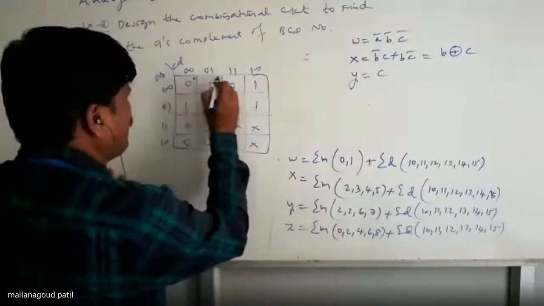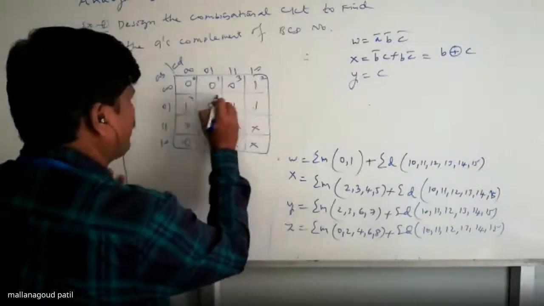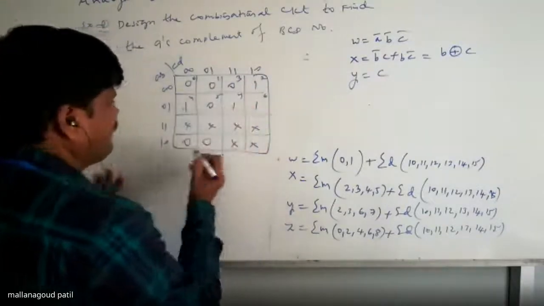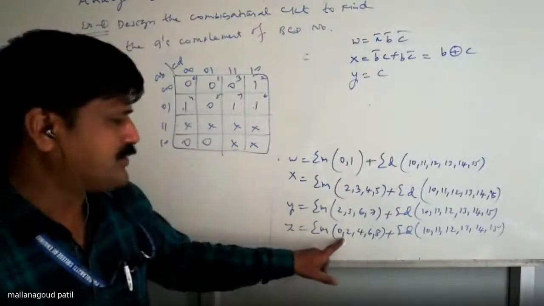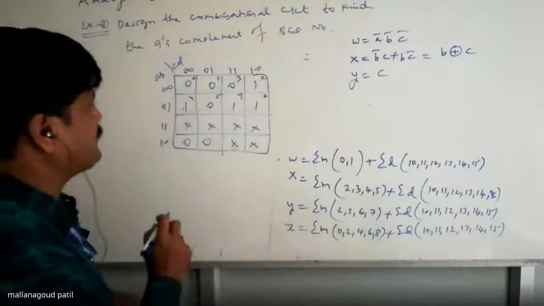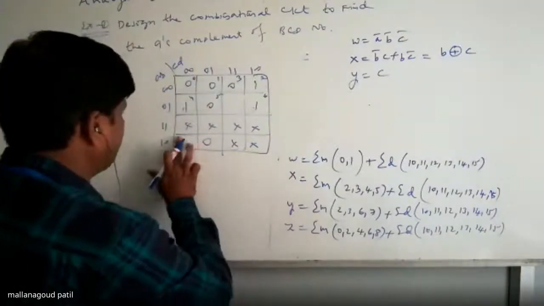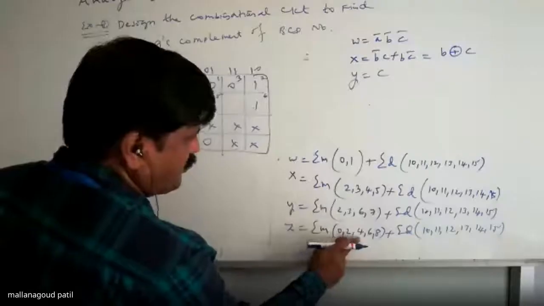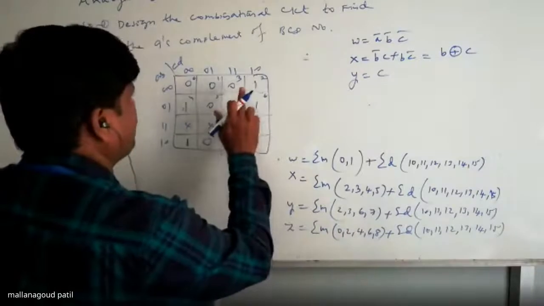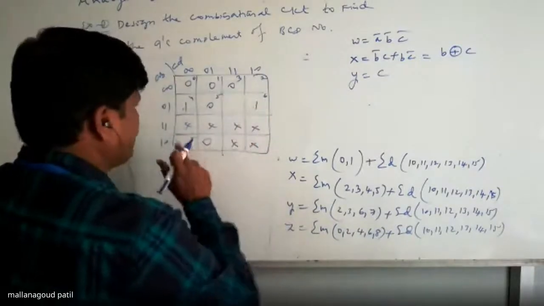I can write 0, 1, 2, 3, 4, 5, 6, 7. Can I write here 1? Because all are exist. You can leave the bottom addresses. Now you see 0, 2, 4, 6, 8. I took the top one.